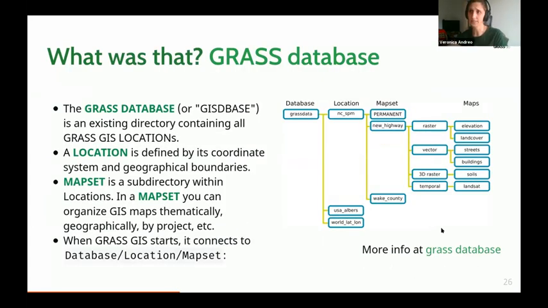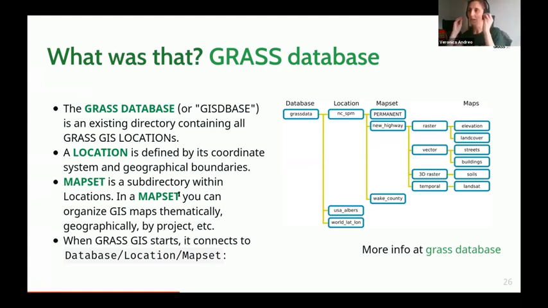Now, what is all that? This GRASS data is just a directory. It can be on your local machine, on a cluster, or in the cloud. Within that directory, you will have all your GRASS projects, and we call them locations. It's some kind of legacy term.